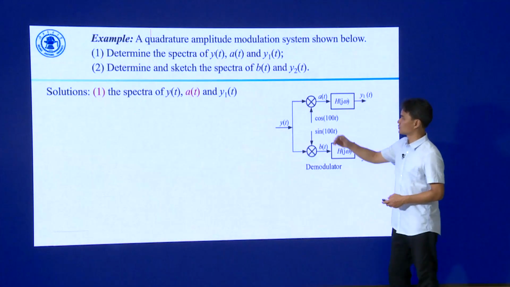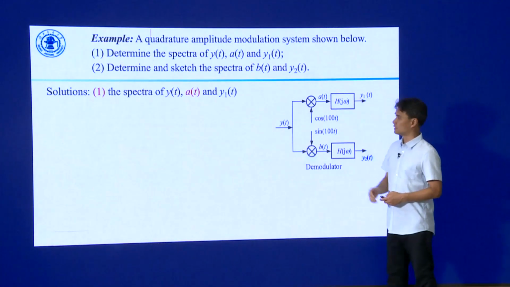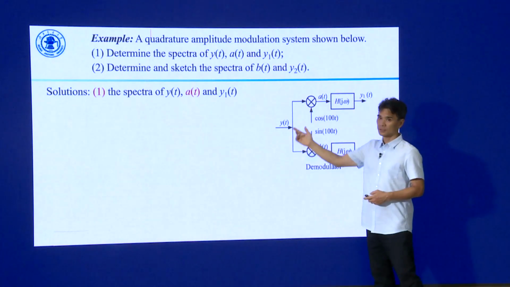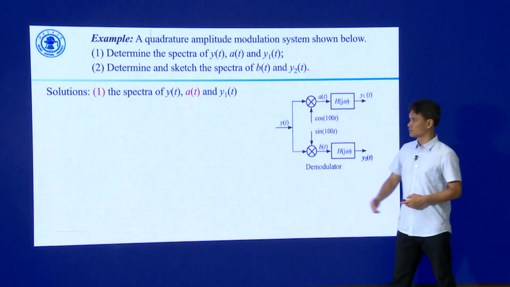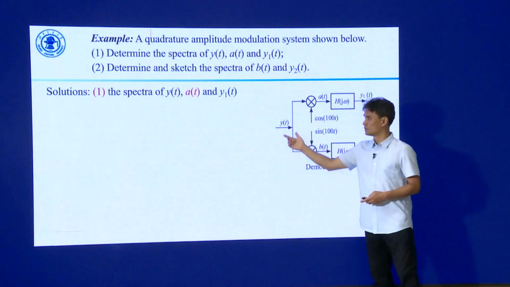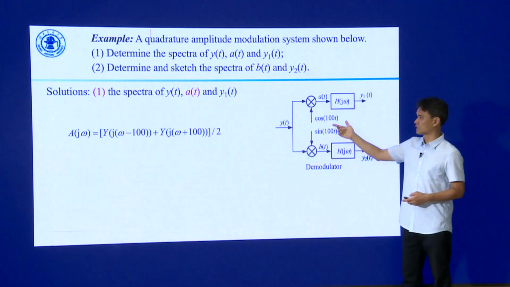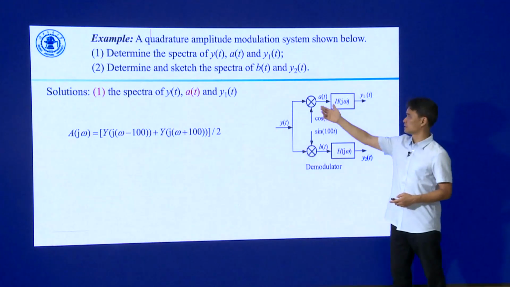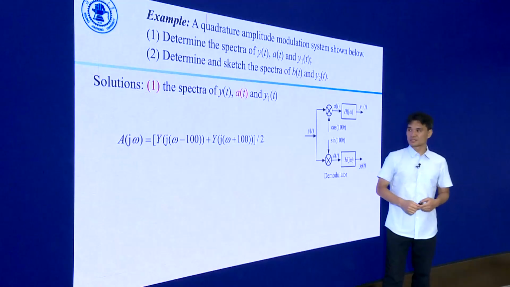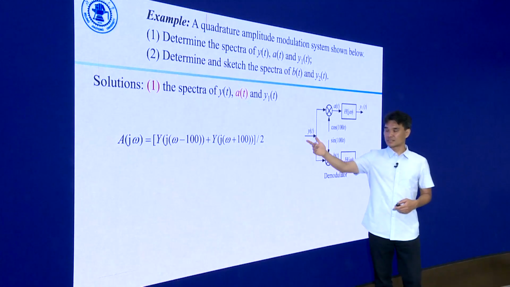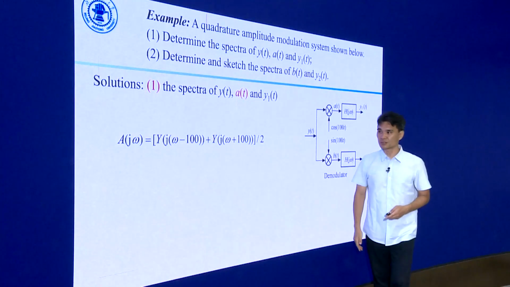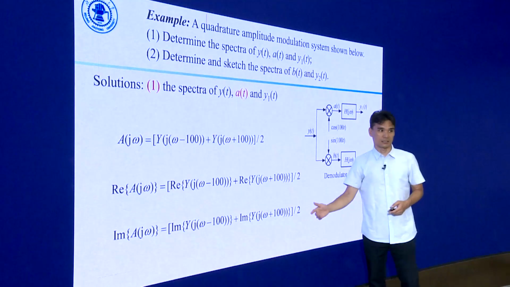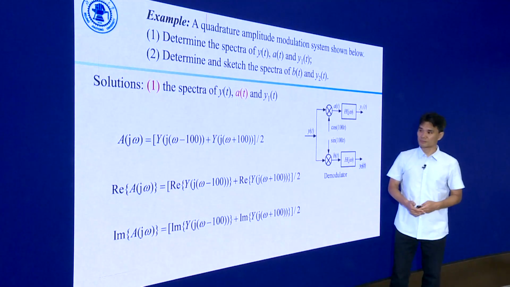Now let's switch to A of t at the demodulation end. This is in the upper branch. So the modulated signal is multiplied by the carrier. So here is the spectrum of A of t. Since this signal spectrum has the real part and the imaginary part, let's separately consider these two parts.